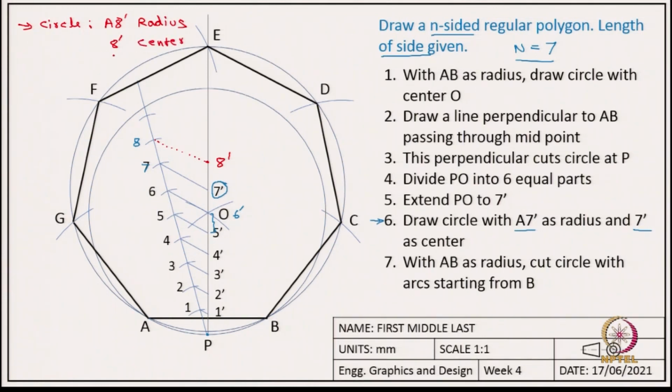So, we will first draw this circle with 8 prime as the center and the radius as 8 prime A, and then draw the arcs. Again, for the arcs the radius will be AB, and once we do this we will get those 8 points lying on the circle, and the last step will be to join all those 8 points to get the 8-sided polygon.